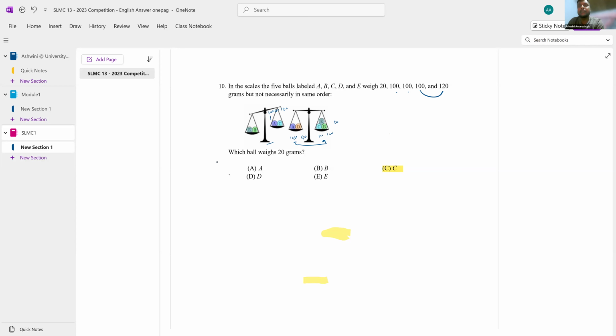And in either case, if you have C to be 100, then either E or B must be 20 and the other one should be 100. So this is 120. And you can see that it cannot be heavier. Okay, which means C must be the lighter one. So C must be 20.